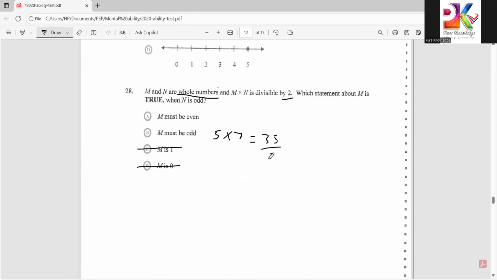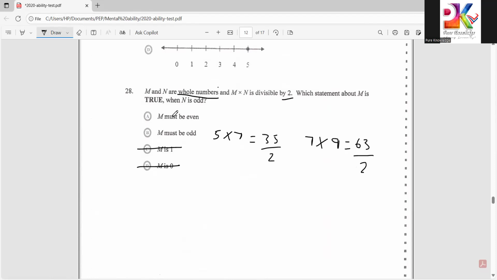Can 35 be divided by 2? No, because it will leave one remainder. Then we can try 7 times 9, and that would be 63. Can 63 be divided by 2? It will leave a remainder.